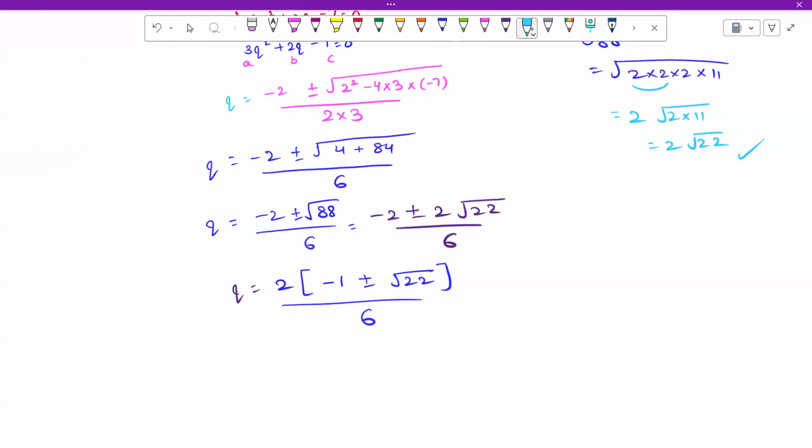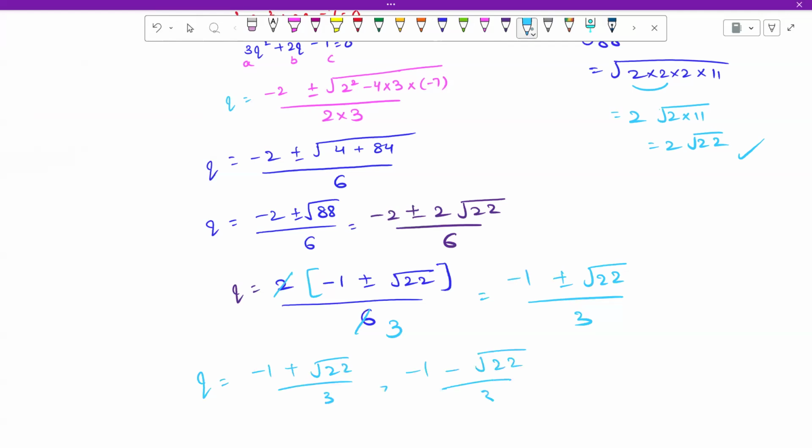Any question in this part? No. We did this so that it becomes easier for us to solve it. So negative 1 plus minus root 22 over 3. So q's two values are negative 1 plus root 22 over 3 and negative 1 minus root 22 over 3.